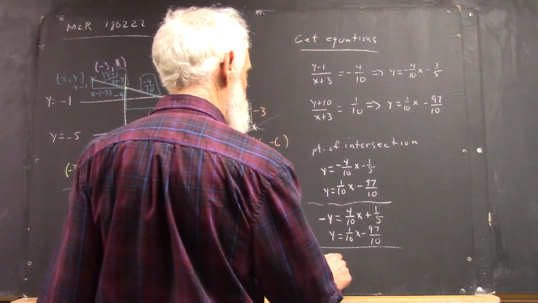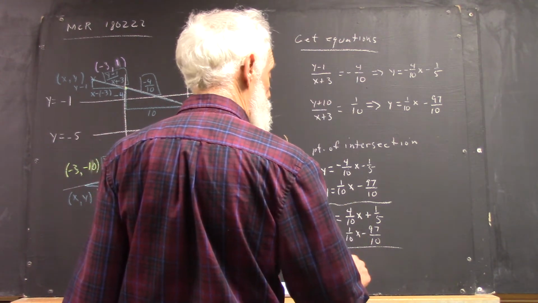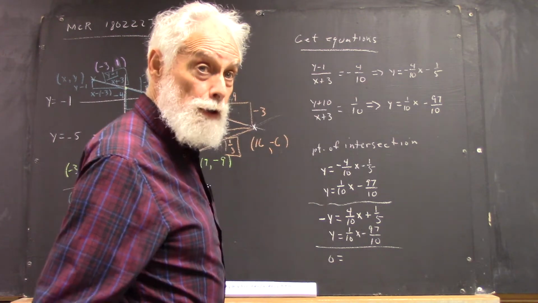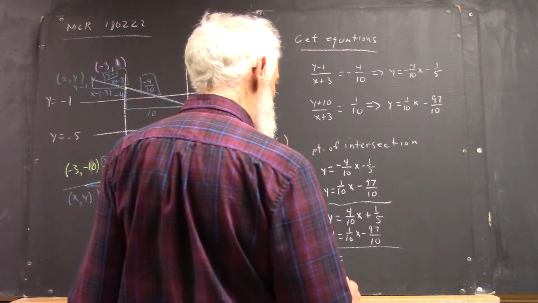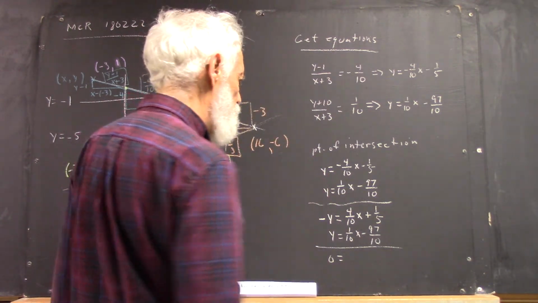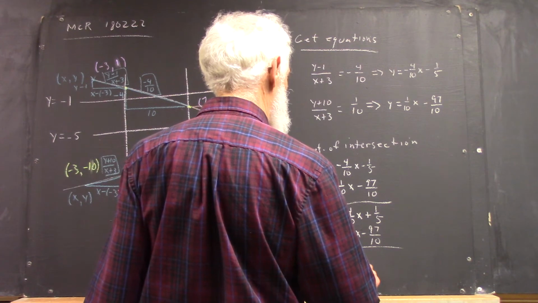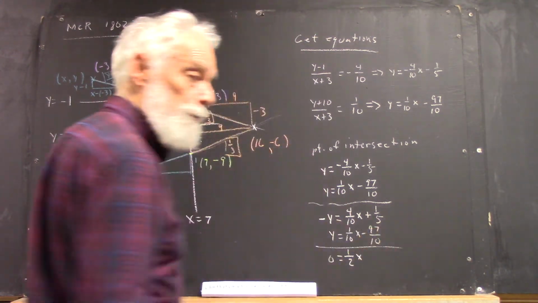Now I can add these, and I'm going to get 0 equals, well, 4 and 1 is 5, so that's 5/10, which is 1/2, right? I don't really need a common denominator because I'm never going to add this term to this term. Okay?